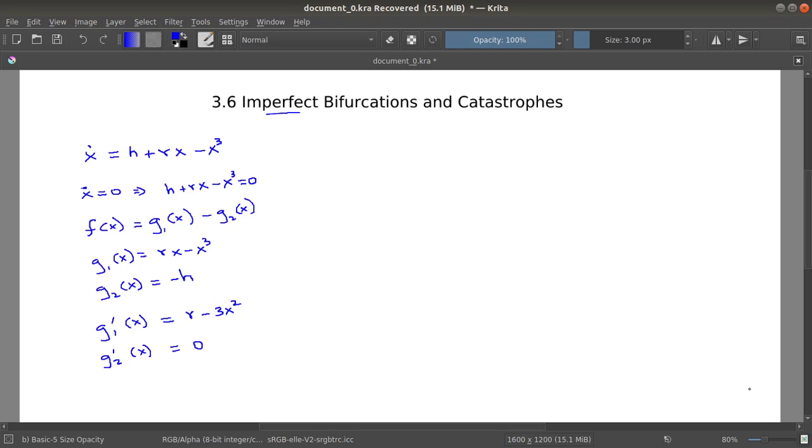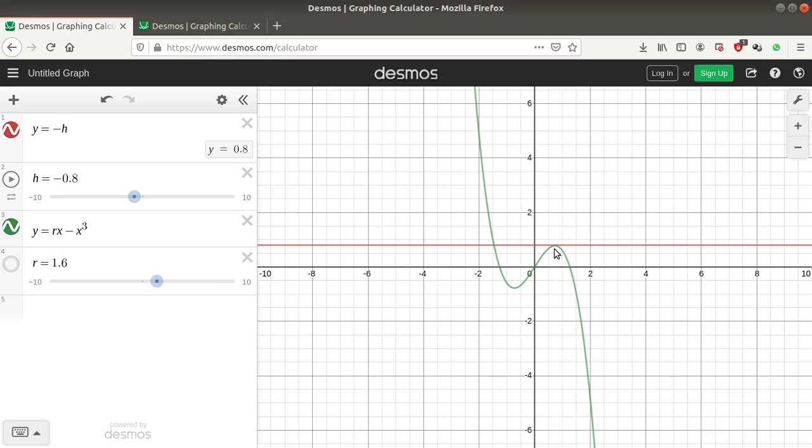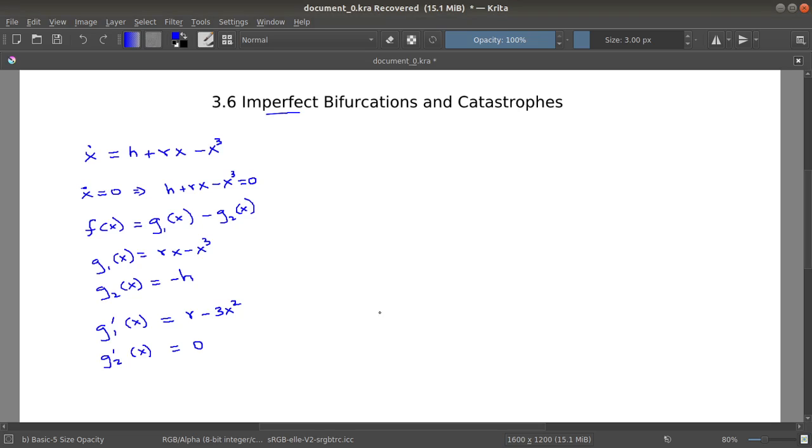I mean, that's reasonable, because if you see the figure, it's happening at this point and this point where the slope of g1 of x goes to 0, right? Okay, let's calculate.